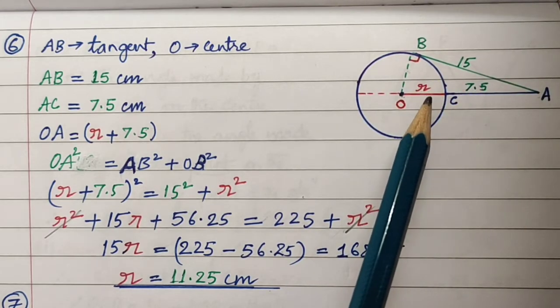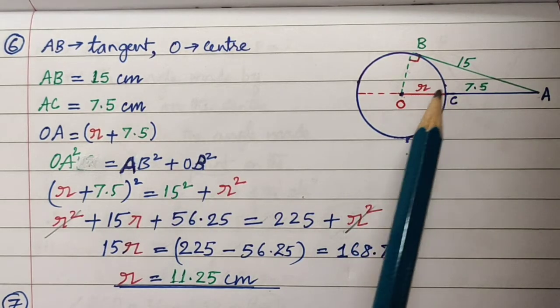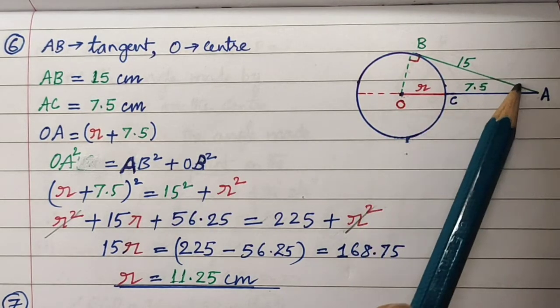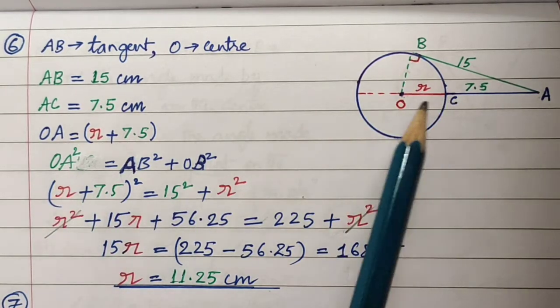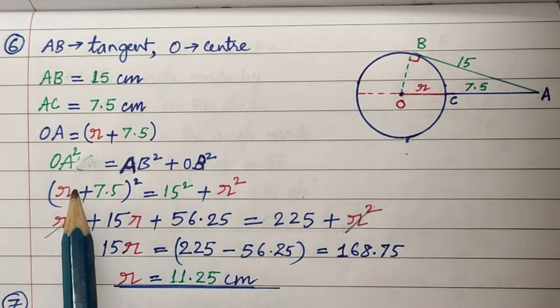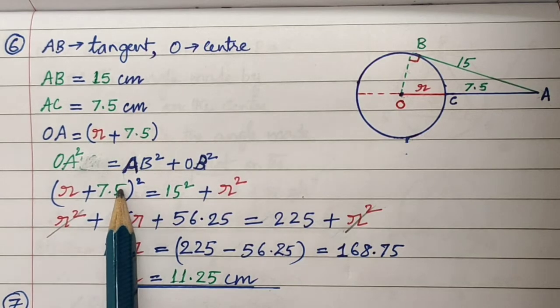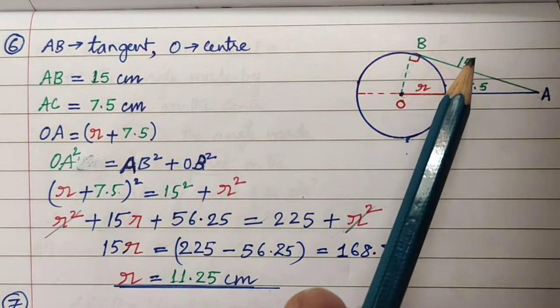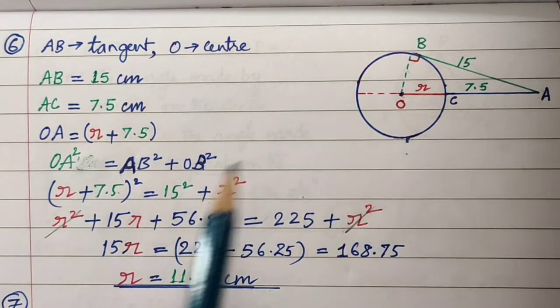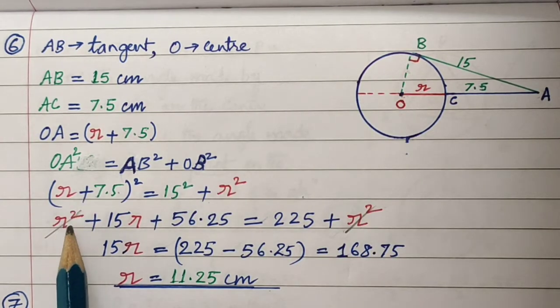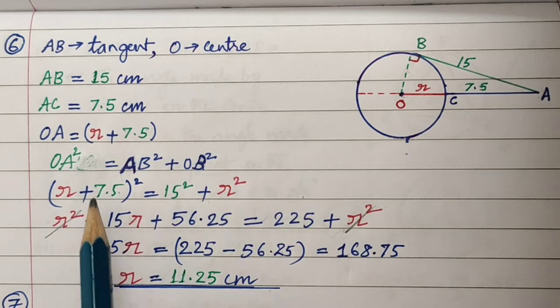So, OA square is equal to AB square plus OB square. What is OA? OA is R plus 7.5, so (R plus 7.5) whole square, plus AB, they have given it as 15, so 15 square, plus OB is R square. So let us expand this. (a plus b) whole square is a square plus b square plus 2ab.